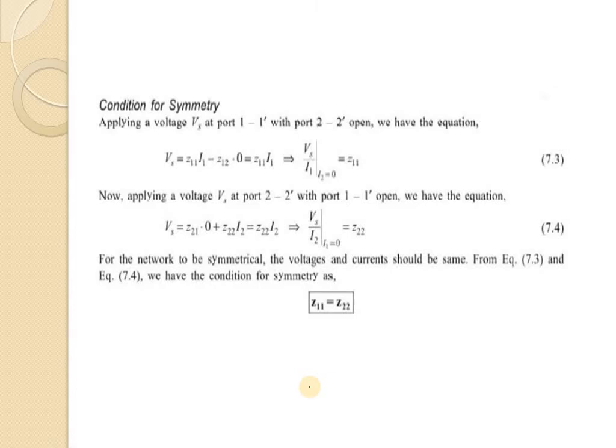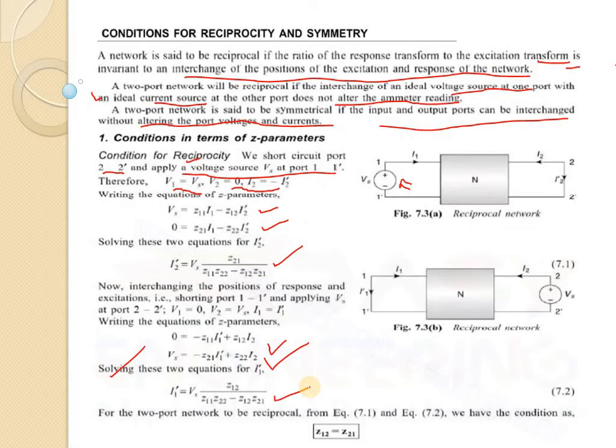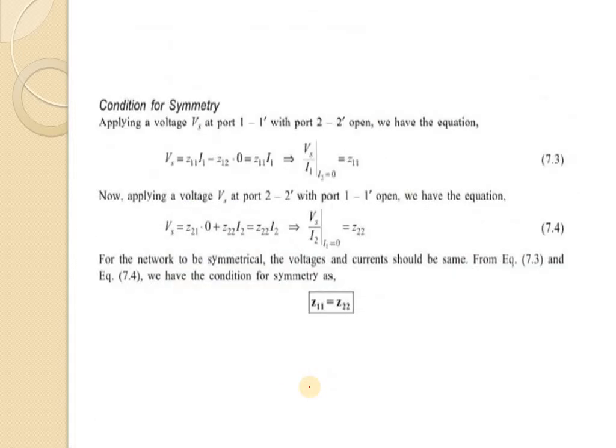From the comparison of reciprocity and symmetry, we are getting two relations. First, for reciprocity, Z12 equals Z21, and second, for symmetry, Z11 equals Z22. That we have got from this calculation.